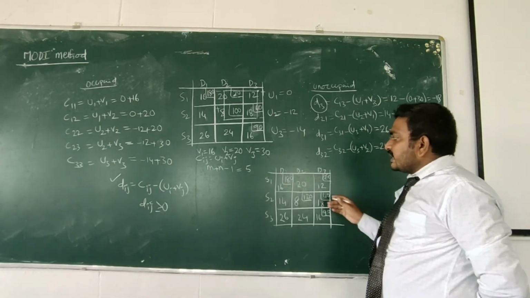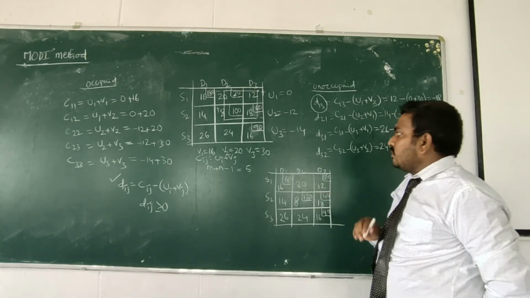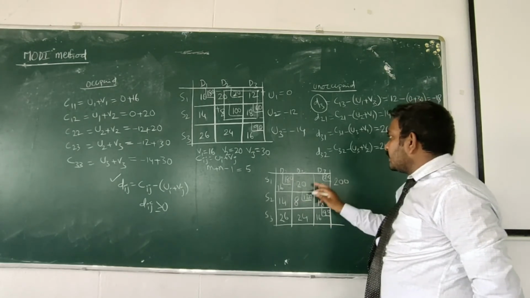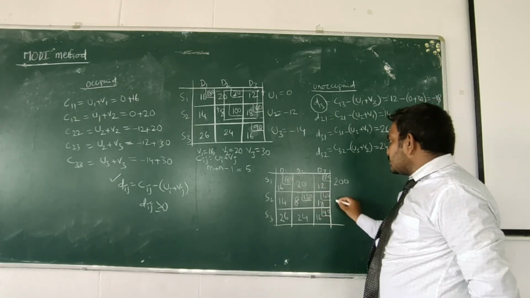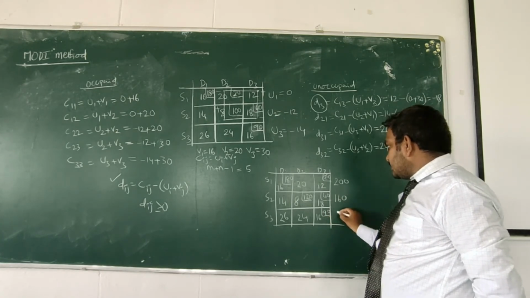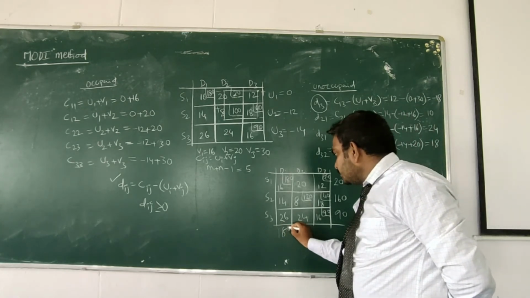So we check whether the supply and demand constraints, the rim conditions, are satisfied or not. This is 80 plus 20, 180 plus 20, 200, 120 plus 40, 160, and this is 90. This is 180.